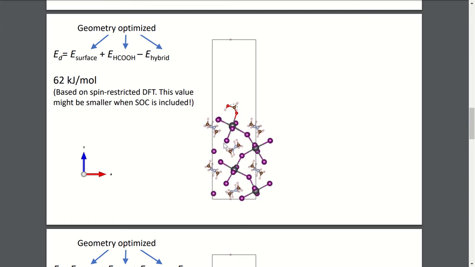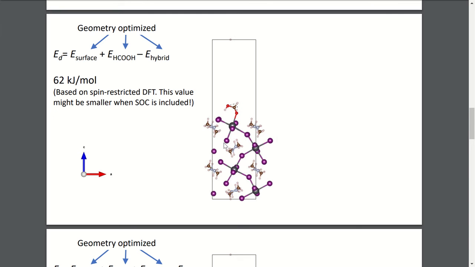I don't know, the desorption temperature would be much higher, I'm afraid. 62 kJ per mole. What was the CO2 again? CO2 was 170 something. But it desorbs at 700, right? And your stuff desorbs at 200. And this is around 62, which looks kind of large.